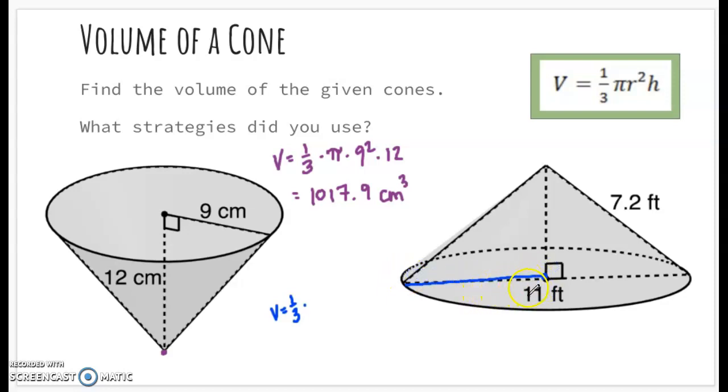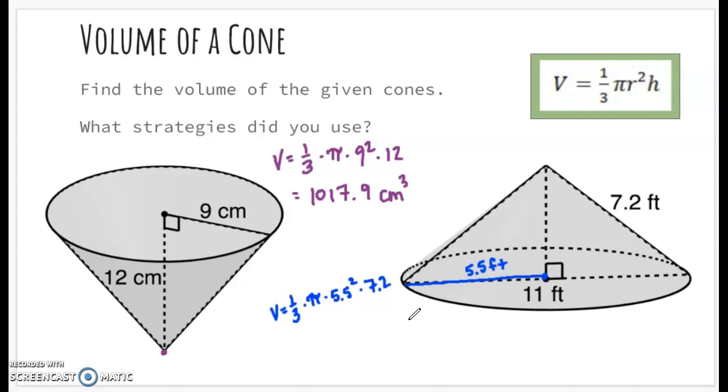So we're going to take that 11, we're going to cut it in half to get 5.5 feet, right? That would be the radius. So we're going to do pi times 5.5 squared, and then multiply that by the height of our cone, which is 7.2.